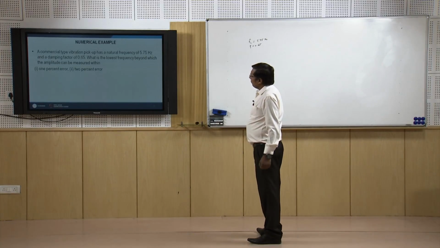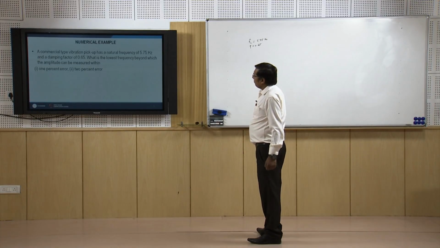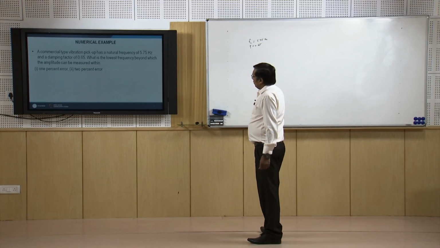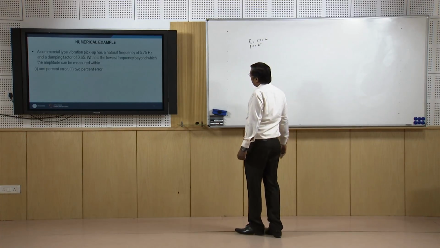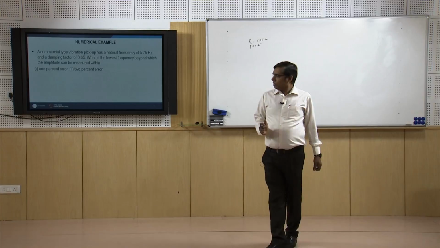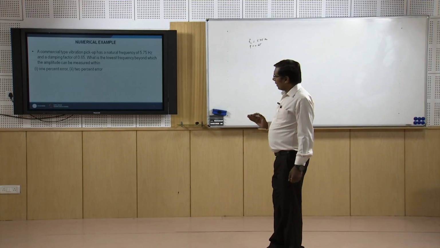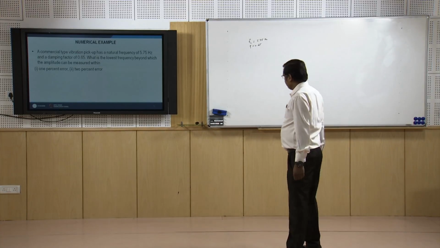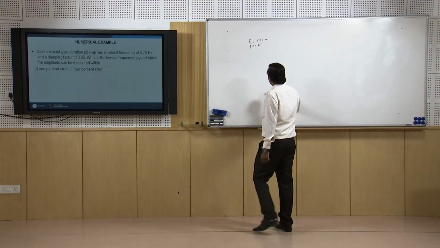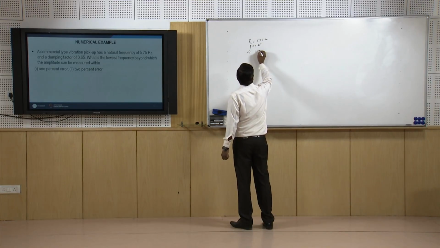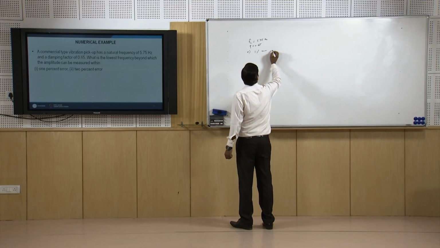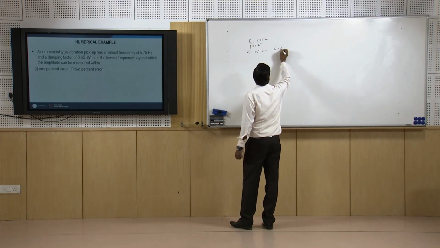What is the lowest frequency beyond which the amplitude can be measured? We want the lowest frequency beyond which the amplitude can be measured within 1% error for case A, and 2% error for case B.